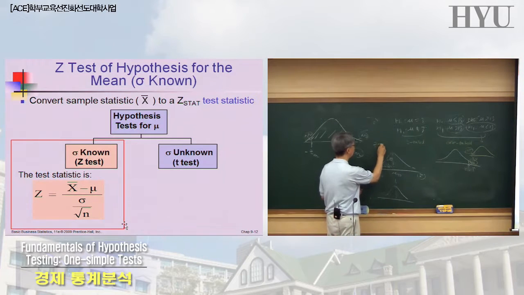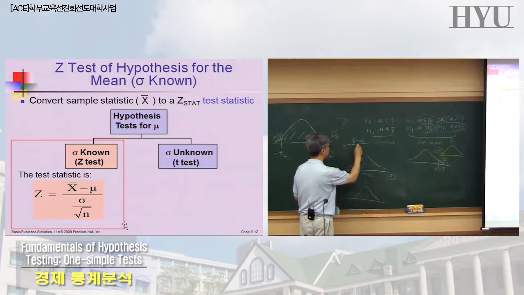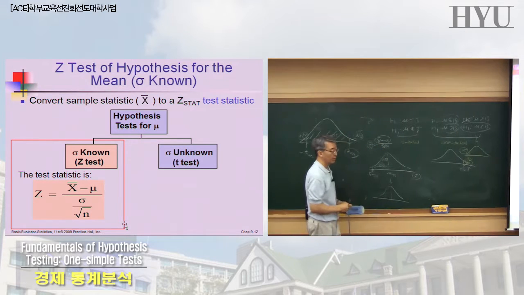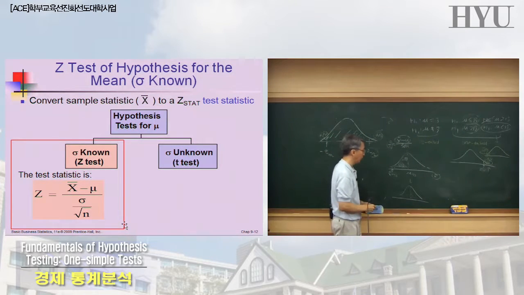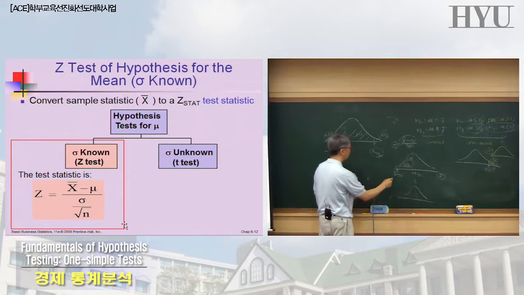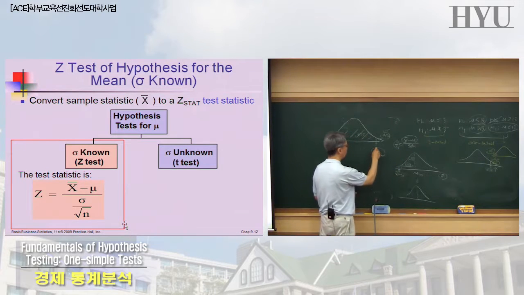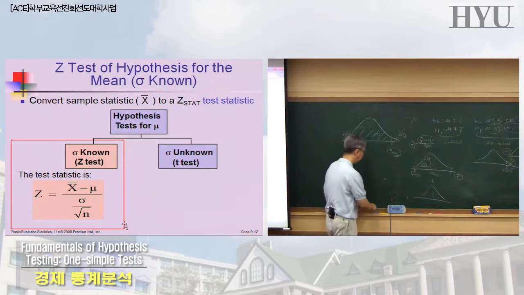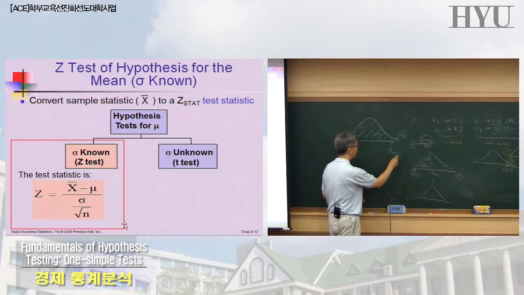So the test statistic is X bar minus mu over sigma over square root of n. We are converting this actual distance into a Z-score by dividing by the standard error. That way we can compare the test statistic with our critical value Z-score. I told you the critical value is Z of alpha divided by 2 in a two-tailed test.